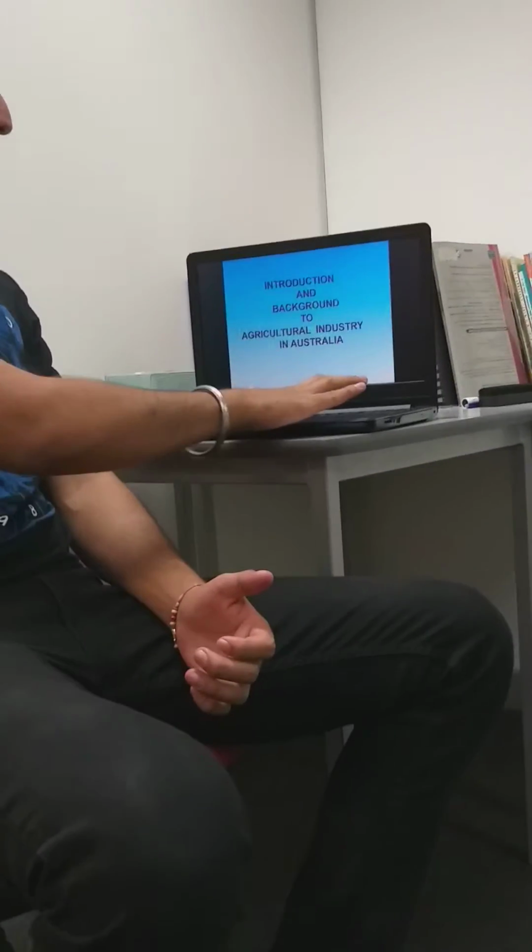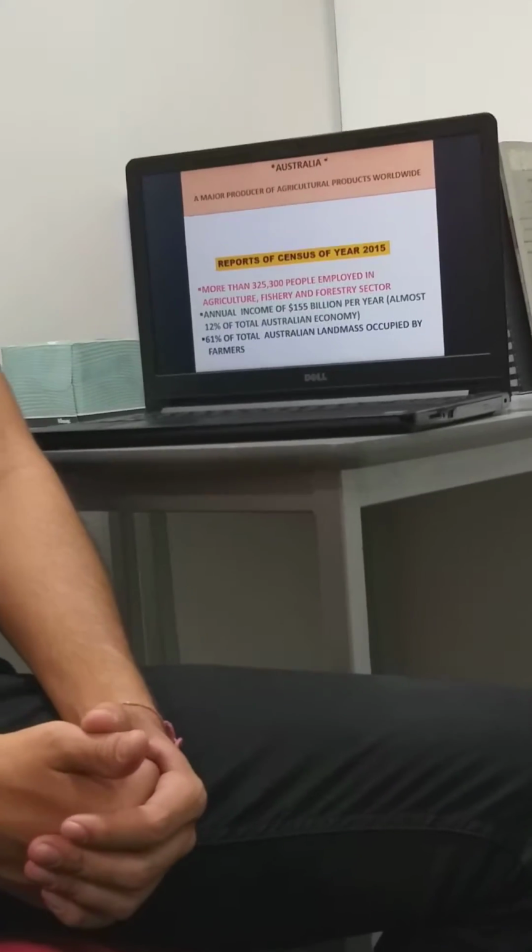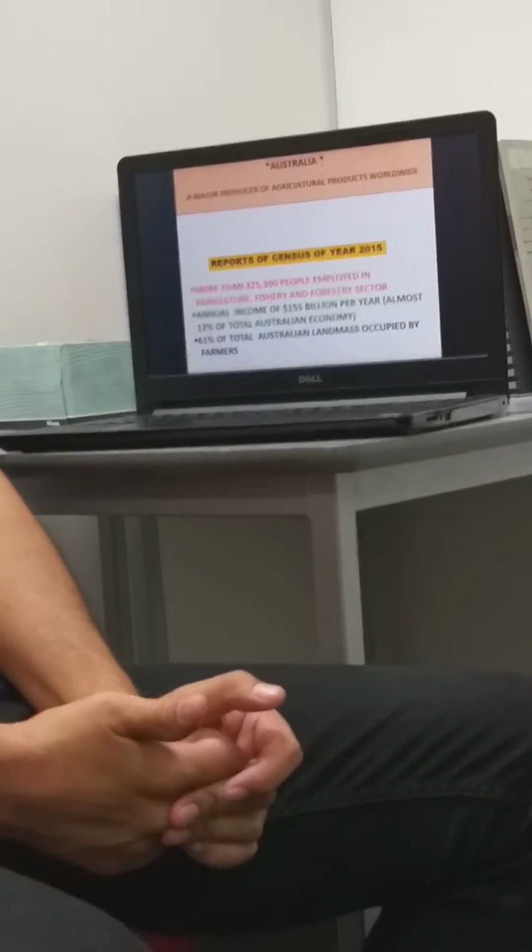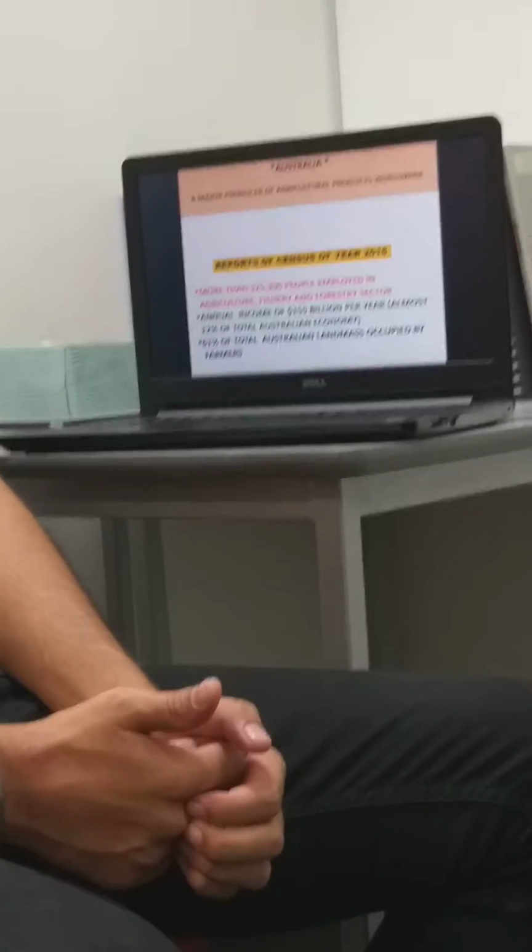Introduction and background to the agriculture industry is the part which is done by me. The first slide includes the introduction to the agriculture sector. Australia is a major producer of agriculture products worldwide, and is known for it.